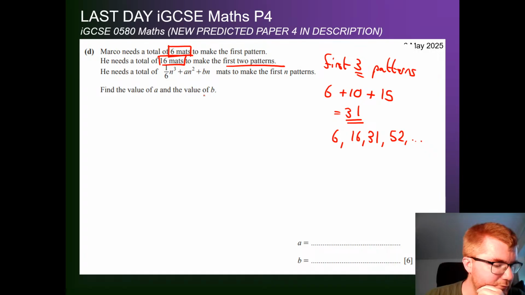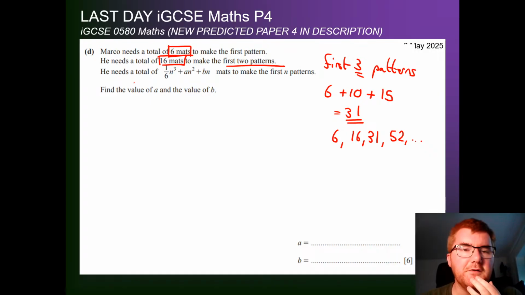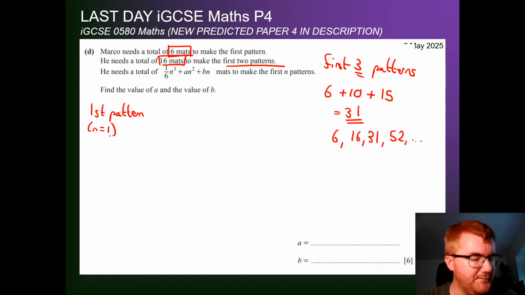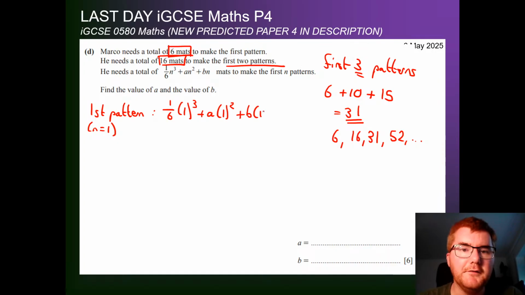Good, we're going to make a simultaneous equation here. So the way we're going to do this is we take the very first pattern. So this is when n is equal to 1. So let me put that in brackets. So n is 1. And so wherever I see an n, I'm going to put a 1. 1 squared plus b lots of 1.